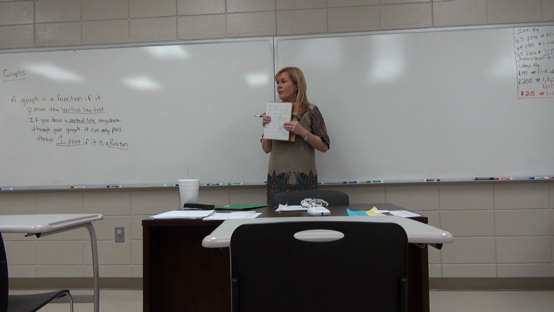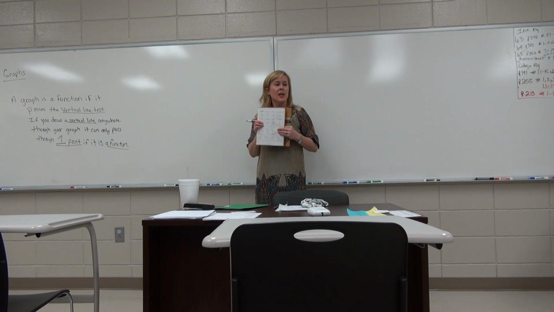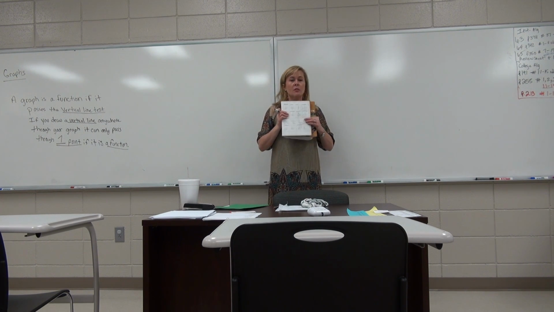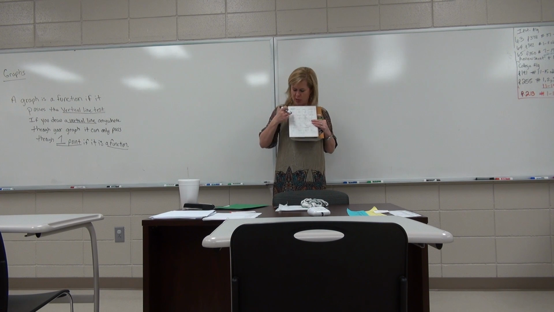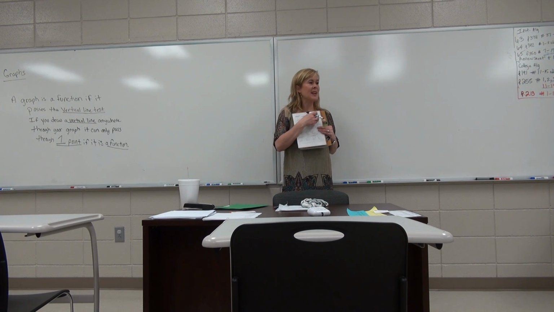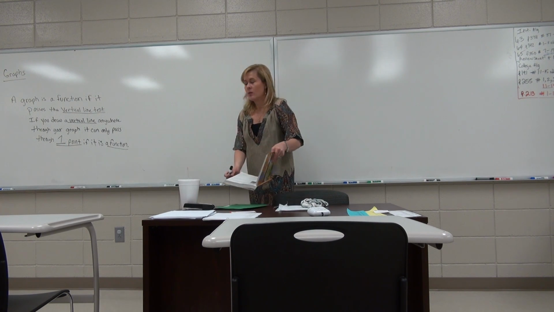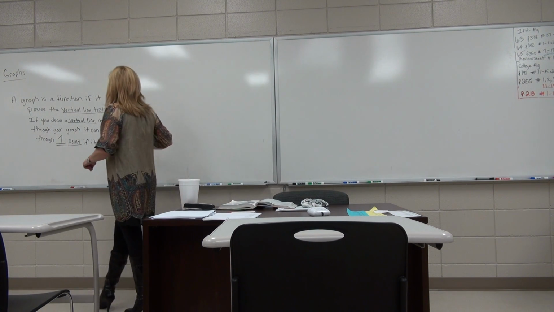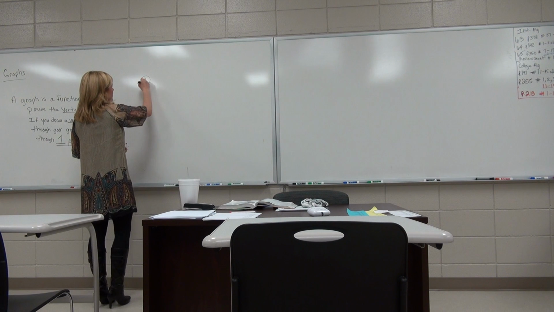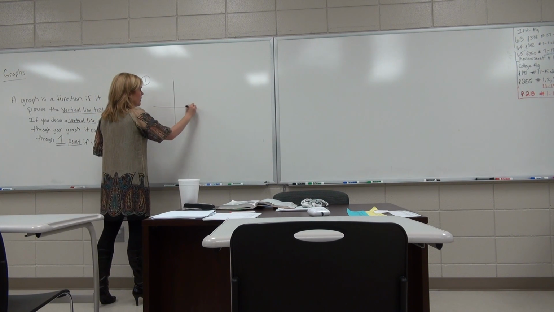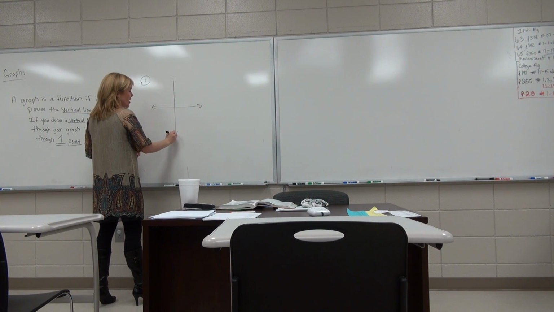If you look at the back cover of your book at those 7 basic graphs, every one of those passes the vertical line test. If you draw a vertical line anywhere through those, it would pass the test, correct? But only go through one point. Okay, so let's look at some graphs here. We're going to do the same thing we did before. You'll answer yes or no if it's a function, and you'll state the domain.